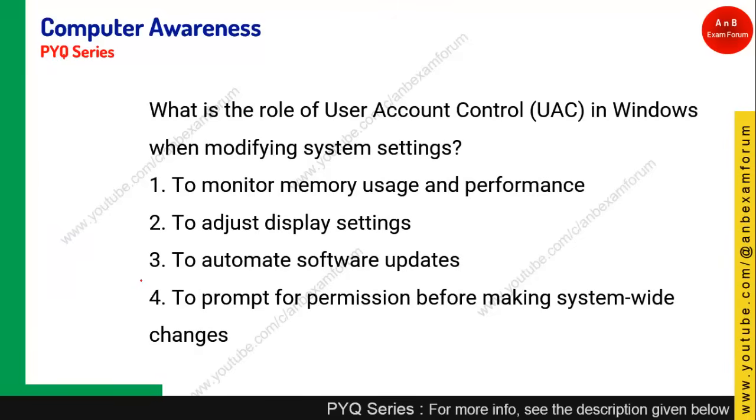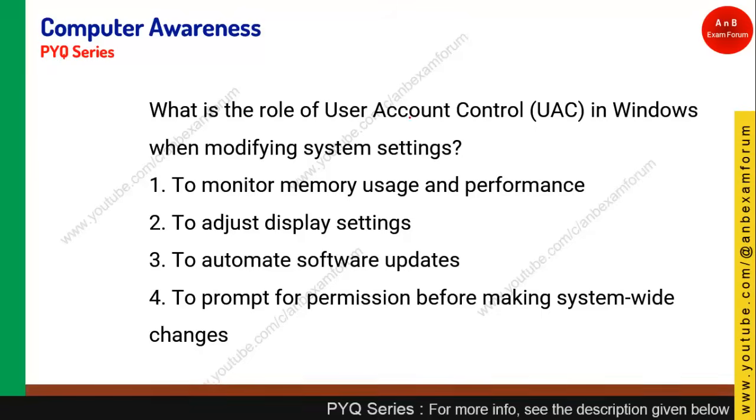Coming to the next question, I think this is the last question, the 20th question for this particular paper. What is the role of user account control in Windows when modifying system settings? It is basically for performing system-wide changes.